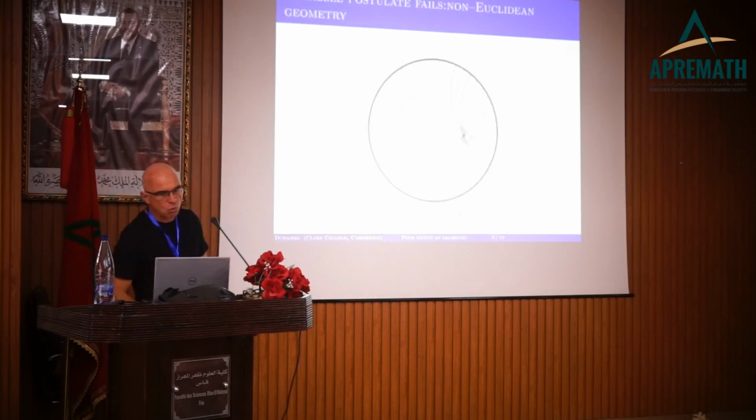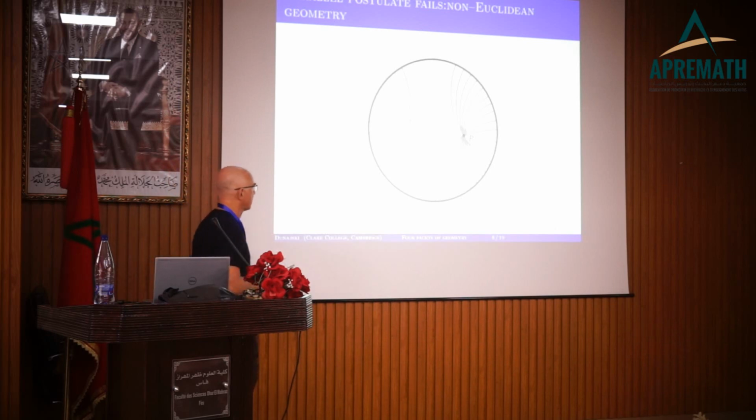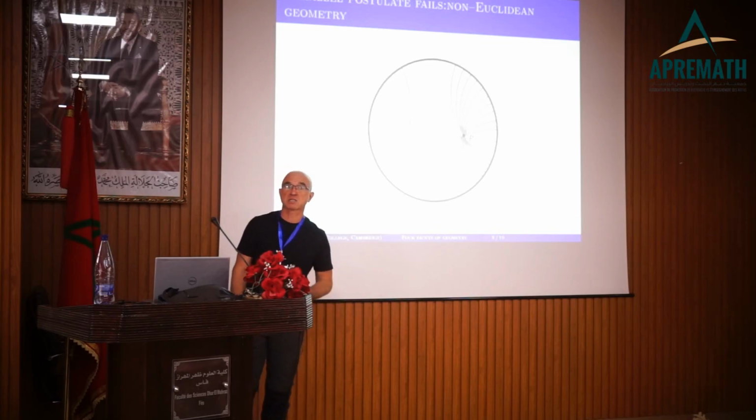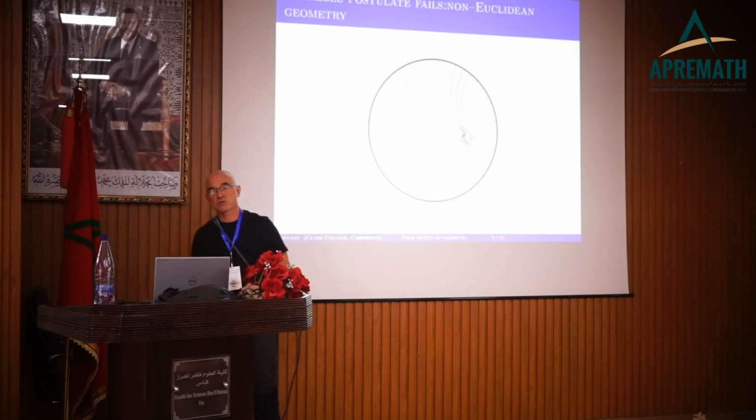Right? Now, why is the existence of hyperbolic geometry a proof that the fifth axiom of Euclid is independent from the other four? Well, first of all, you can check one by one that the first four axioms hold for this geometry, and then you move to the last one.